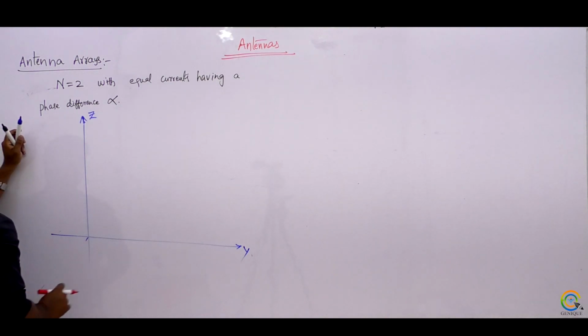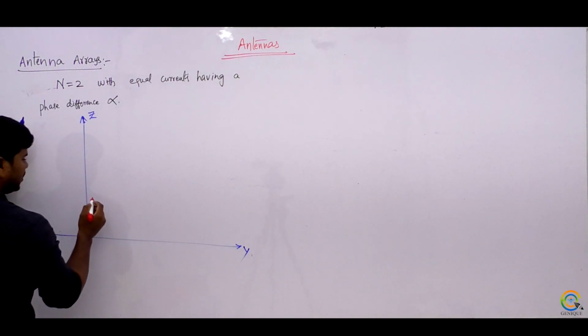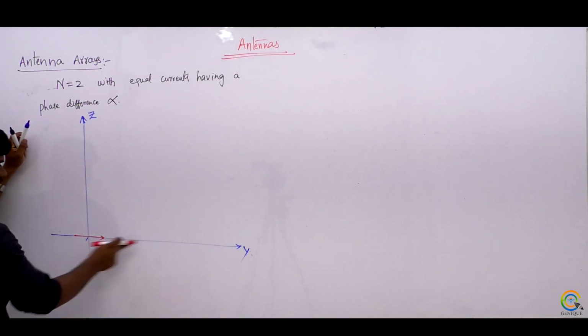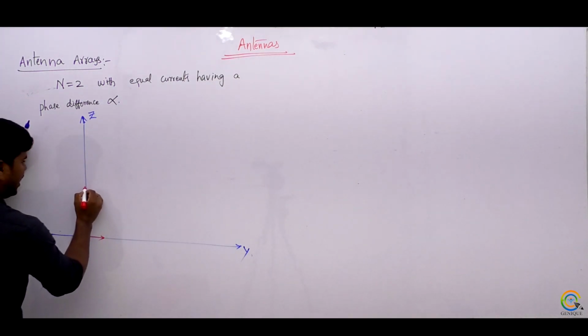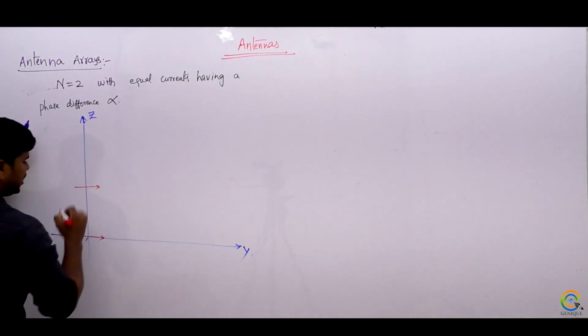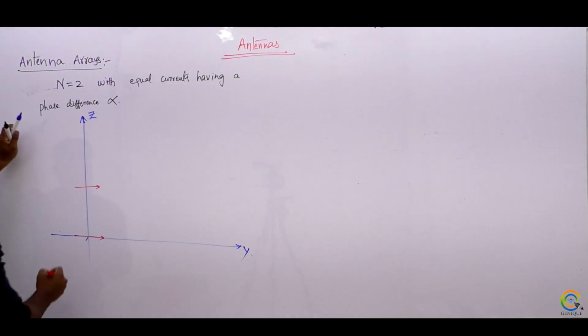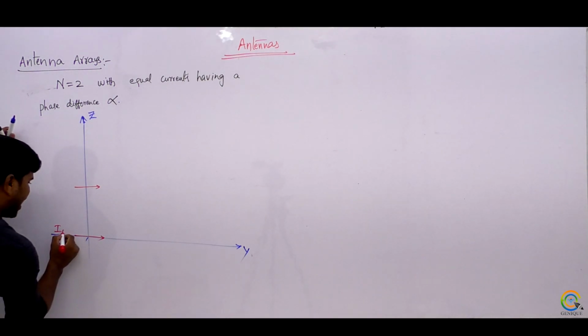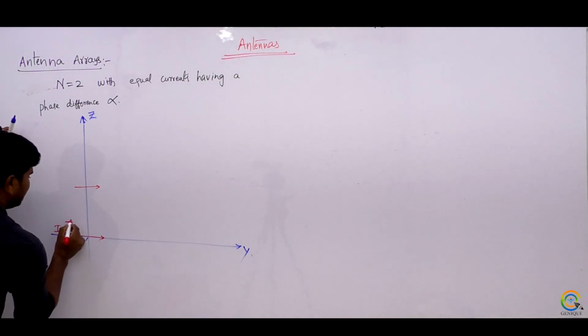Okay, I am placing the two elements in the direction horizontally, and I am taking two elements like this. It is one element. Let us suppose it is excited by the current I naught e power plus j alpha by 2.